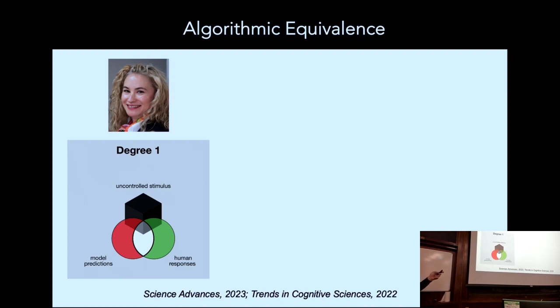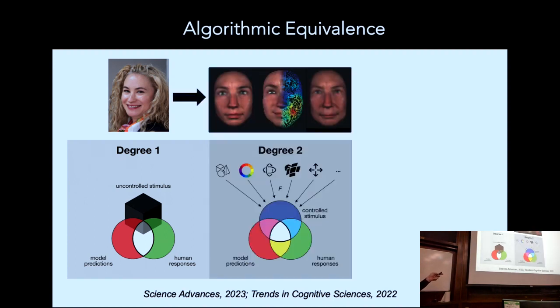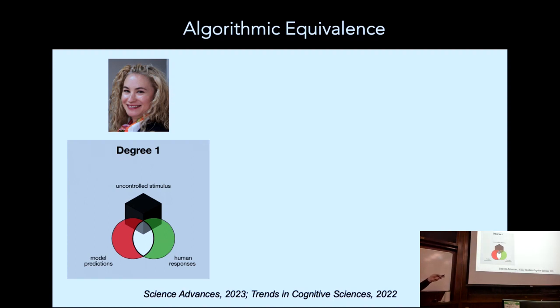And this is denoted here by this intersection. However, the problem is that if we have a database of such images, the images themselves form a black box. So we cannot know from this black box what specific features caused the specific responses.